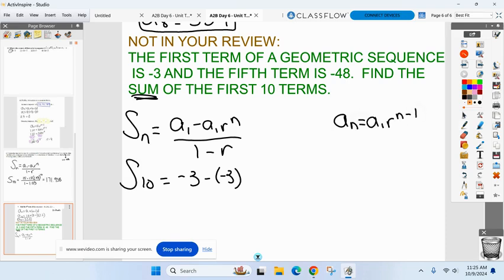Let's find the R value now. Do you know any term but the first? Yeah, the fifth, which is -48. So I'm going to plug in -48 equals first term again, -3, times R to the, what do we plug in for N here? 5. Why 5? -48 is the fifth term.